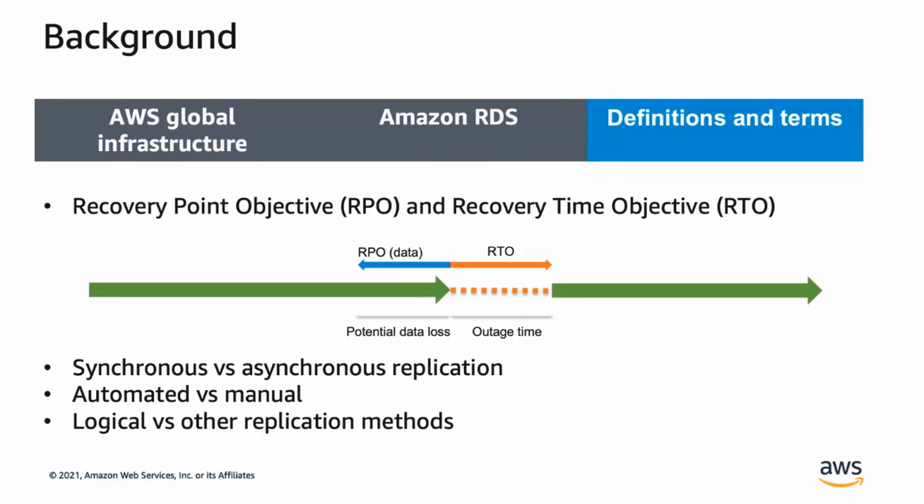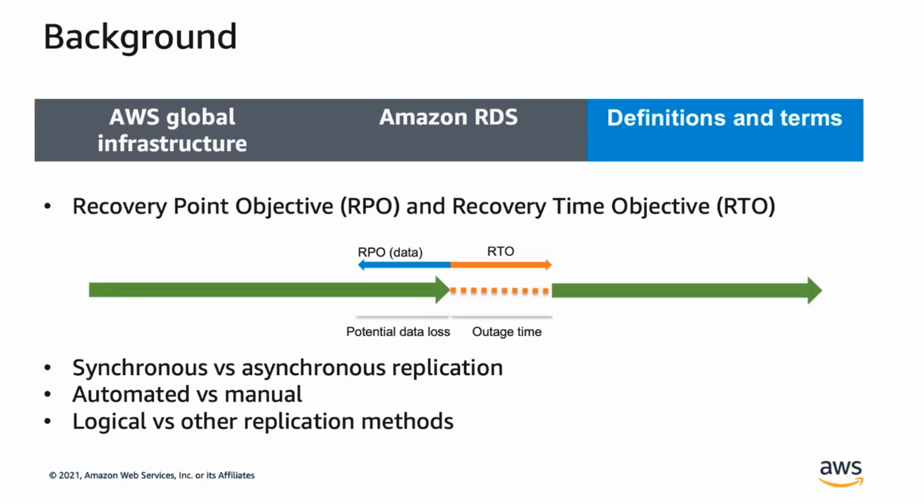A recovery point objective, represented here in blue, describes the maximum amount of data loss expected with a particular recovery action. And the recovery time objective, represented in orange, is the amount of time the recovery action takes to get back to production. And that means back to the green line.